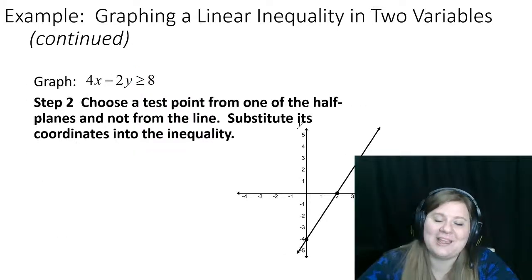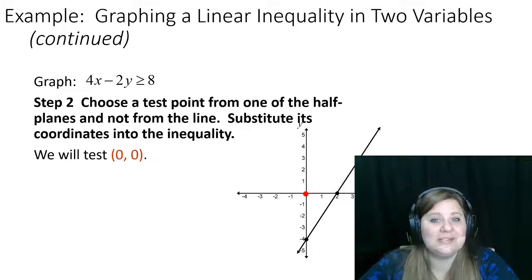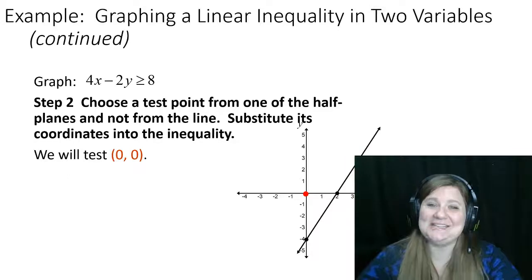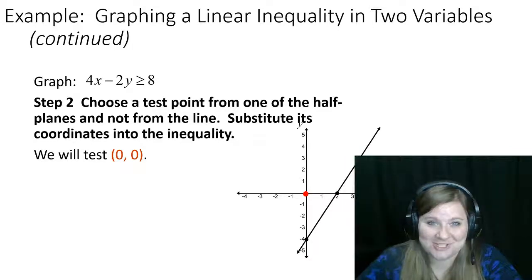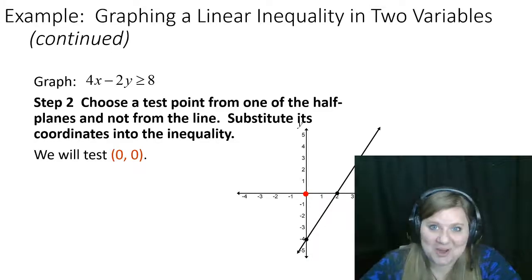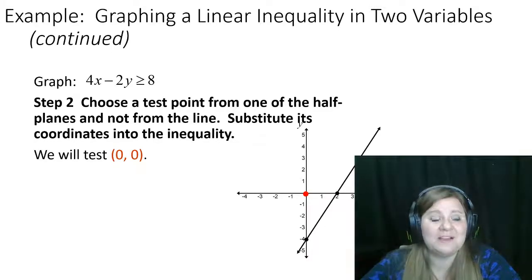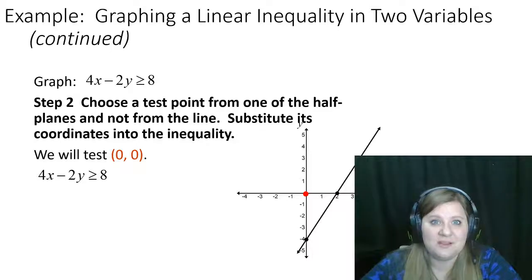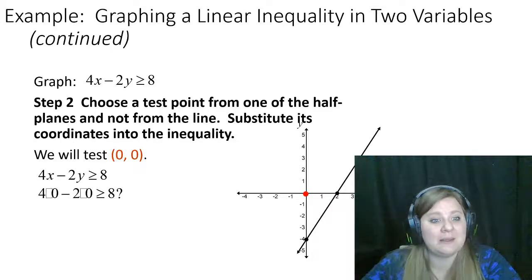Now, we want to pick a test point. I will test 0, 0 because 0, 0 is easiest to test pretty much all the time. And I like that it's not on the line. Remember, that's a requirement. So I'm going to plug 0, 0 into my inequality. I'm going to replace x with 0, and I'm going to replace y with 0.